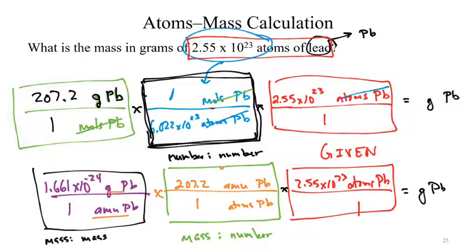So the black conversion was a number-to-number conversion, atoms to moles, a very small number to a very large number. The one underneath is a mass-to-number conversion, okay? And that mass-to-number is a different number, if you will. We're looking at atoms number versus moles number. That's the same thing as we've done up here. Okay? Those are effectively the same conversion. You're just doing it to different numbers of particles.